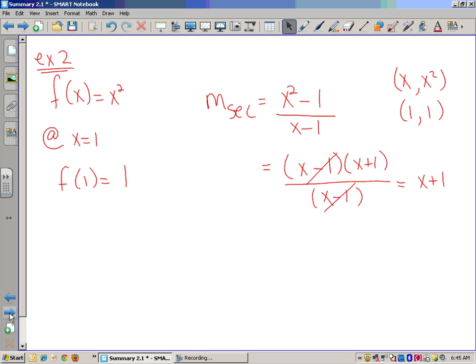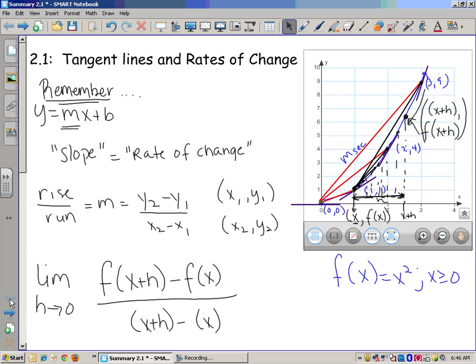But here's the difference. We want to find out what happens as we get really, really close to 1 without actually being there. So let's let the limit of x go to 1, and talk about what happens to the slope as that secant slope gets really close to 1. Going back to my picture, the red is the secant slope, correct?